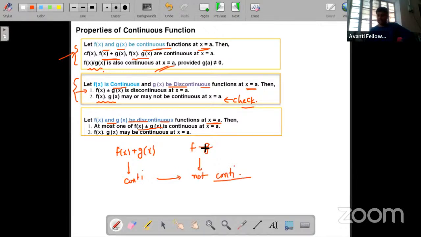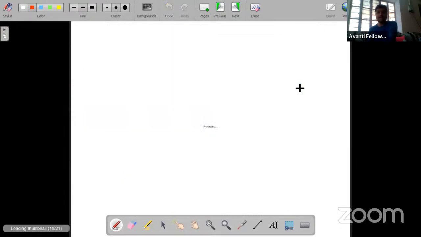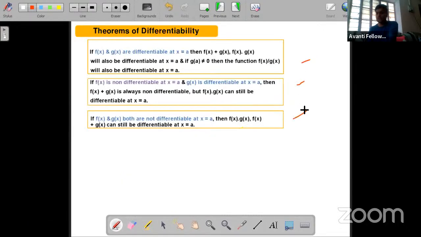But we have to check in this case f into g(x), which may or may not be continuous. So here also we have to check which function is continuous, either f plus g or f minus g. Clear? So we have to check any one. If f plus g is continuous, then clearly f minus g will not be continuous. And the same case holds for differentiability also.